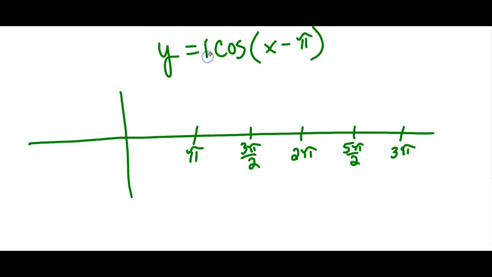My amplitude is 1. There is no vertical shift. So I know that the cosine of 0 is 1. So if I let this be 1, this is negative 1. It starts up top, it goes down, it goes down below, it goes back up to the top over here. So your graph looks like this right here.